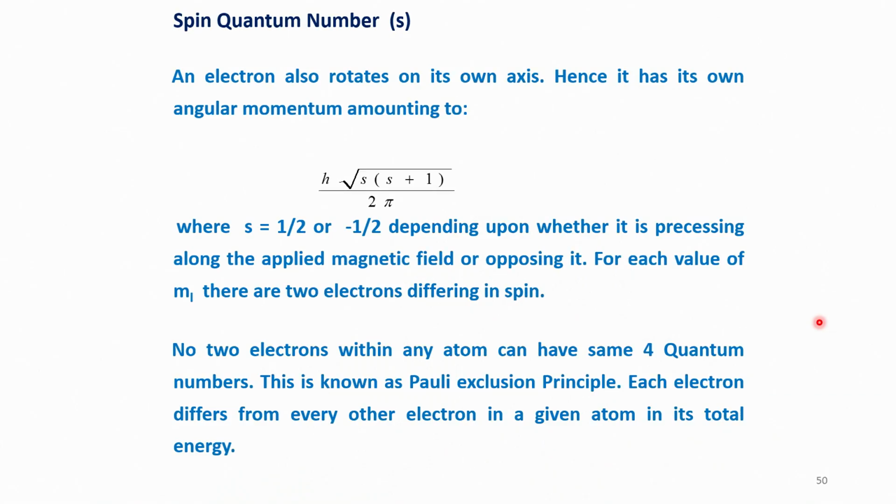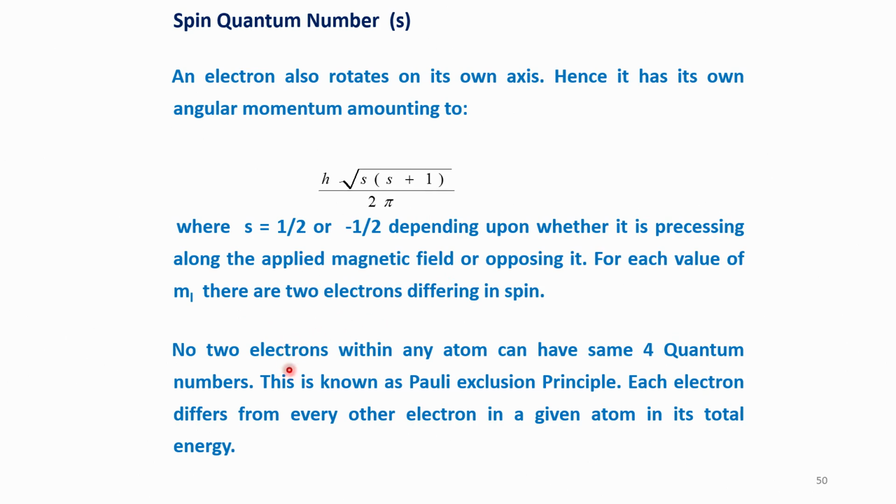That spin is given by the expression h into square root of s into s plus 1 divided by 2 pi, where s is equal to half or minus half. This is a sort of arbitrary number, and it depends upon whether it is precessing along the magnetic field or opposing it. So, for each value of m there are only two different s quantum numbers.